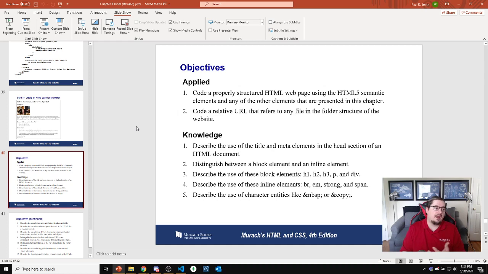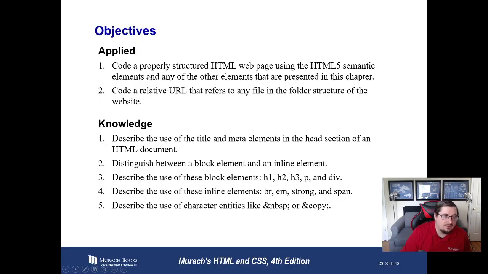So to rehash and refresh on what we've looked at in this lesson, we've talked about how to properly structure your web pages with HTML, and use some of the semantic elements that were introduced in HTML5.